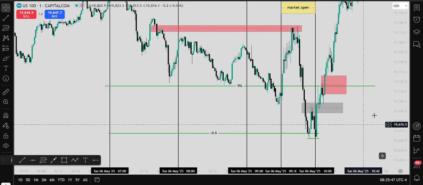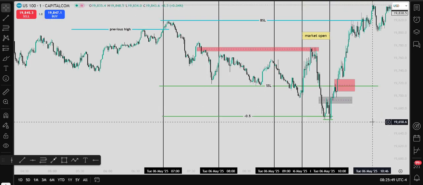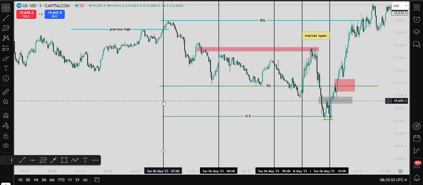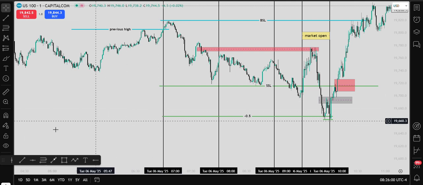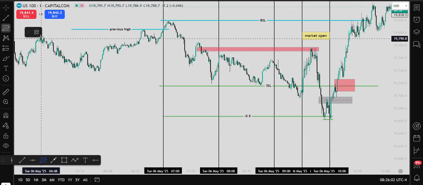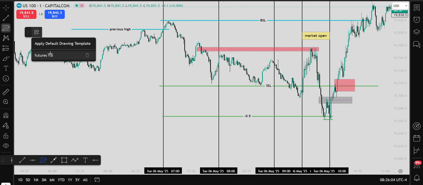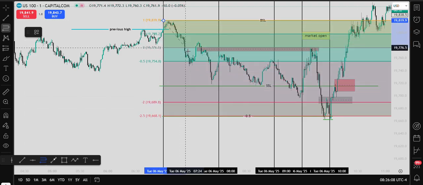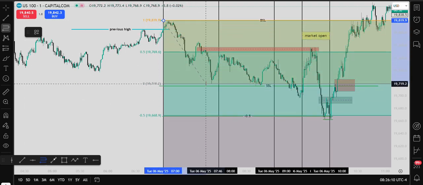What do I mean by this? Earlier I had said I was going to introduce how to measure the extent of where the market is going to fall or to rally. Let me show you what I mean by this. If I was to take my measurement tool from here to right here, this is what ICT introduced.